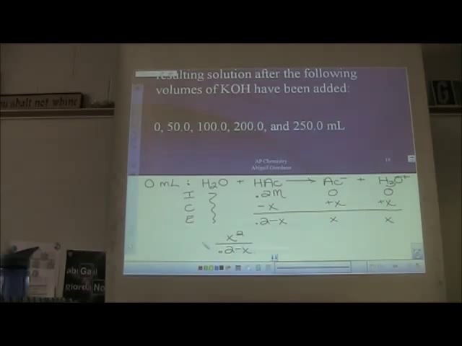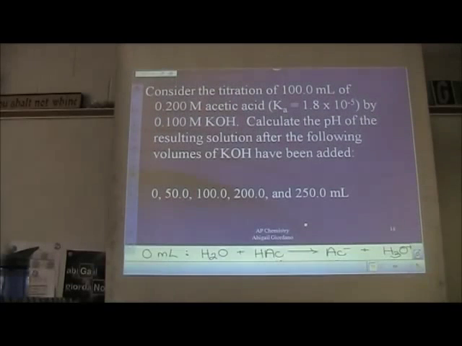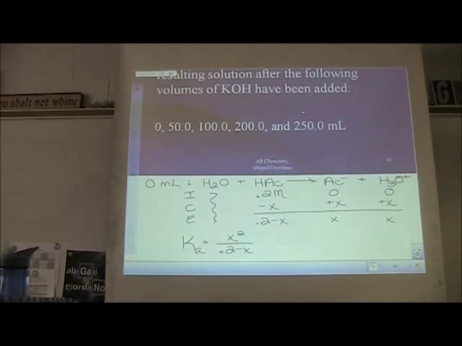What kind of a K value do I want to set this equal to? How'd you know that? Because it's an acidic reaction. Okay, yeah. Your reactant that's being added to water is an acid. Do I have a Ka to work with? Yes, I do.